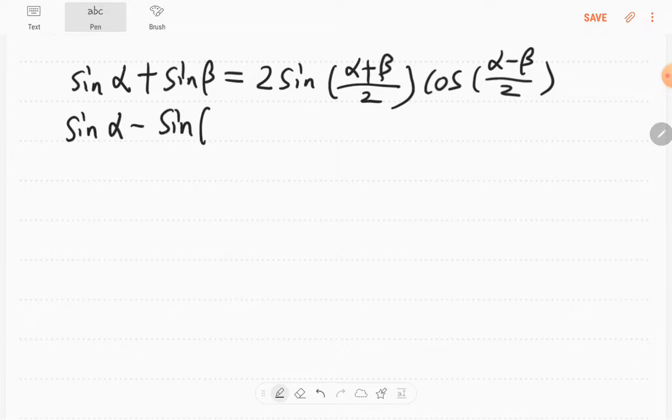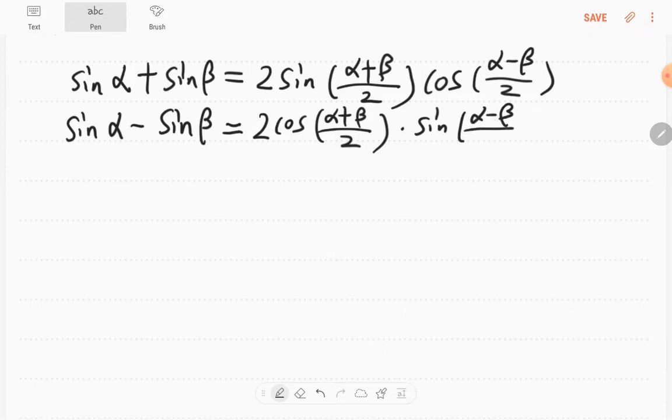Similarly, you will get sine alpha minus sine beta. So you can see we can combine sine alpha plus sine beta and sine alpha minus sine beta, but you cannot say it's equal to sine alpha minus beta directly. No, it should be equal to 2 times the product of trig functions. So it becomes 2 cosine alpha plus beta over 2, right, times sine alpha minus beta over 2.